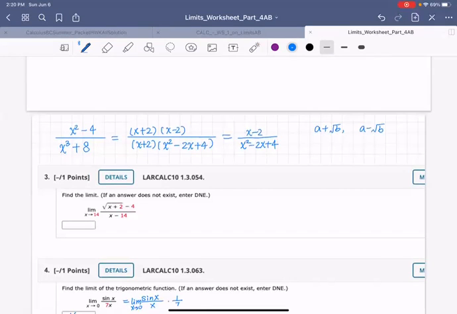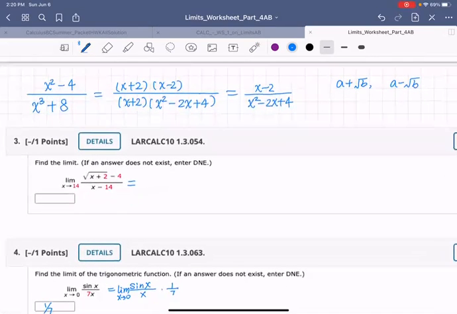I can volunteer. Sure, let's do it. So you times it by the conjugate, which is root x plus 2 plus 4 on both sides. Very good. And that gets you... Hold on, I'm going to save my writing by times this guy over here.